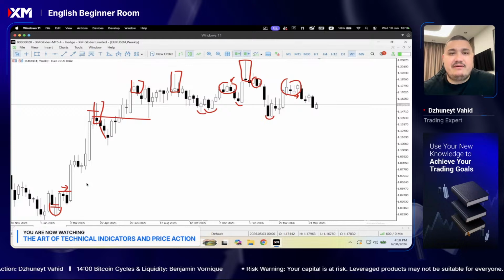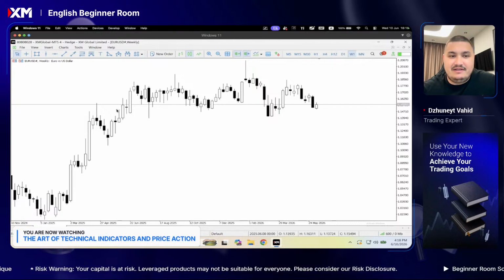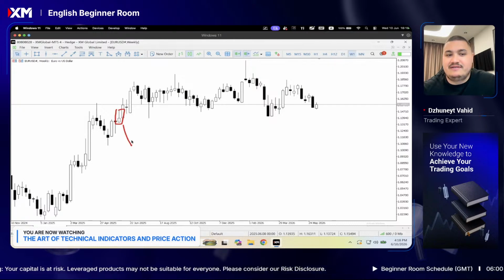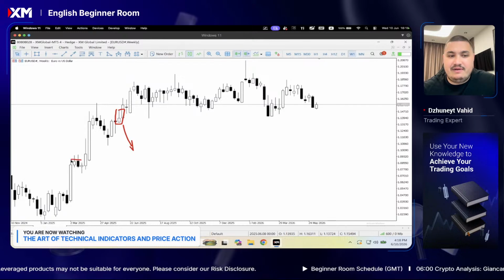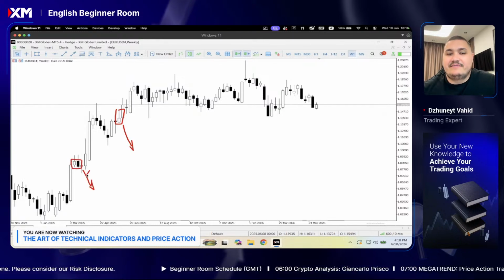Right? There is every time a candlestick reversal, but not every time there is a candlestick reversal, the trend changes, okay? Not every time there's a bearish engulfing, the trend changes, right?